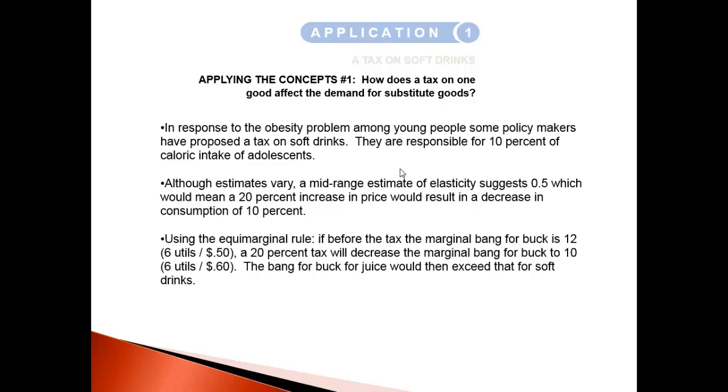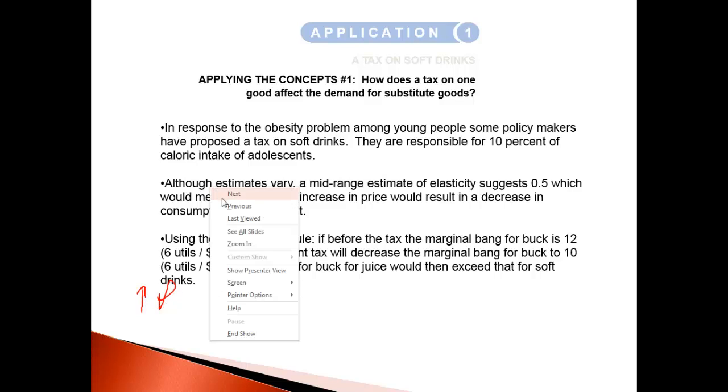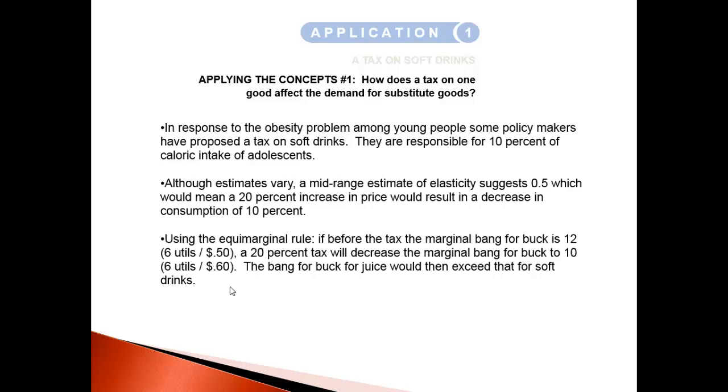They're responsible for 10% of calorie intakes of adolescents. So what they're saying is what we should do is tax the price of soft drinks. Essentially we're going to increase the tax on soft drinks, and therefore people are going to choose something else over it. Well, we can use the equal marginal rule to figure out how that works.